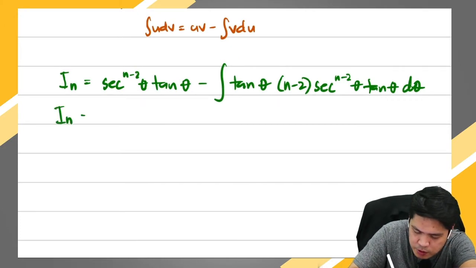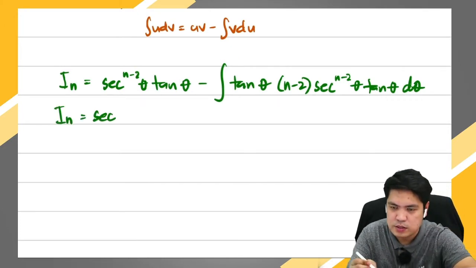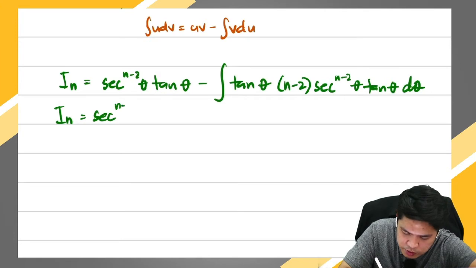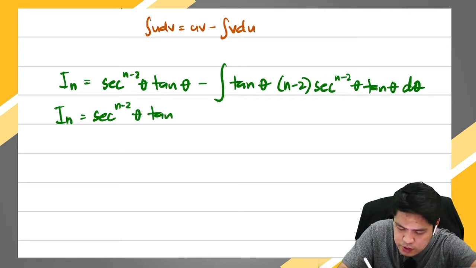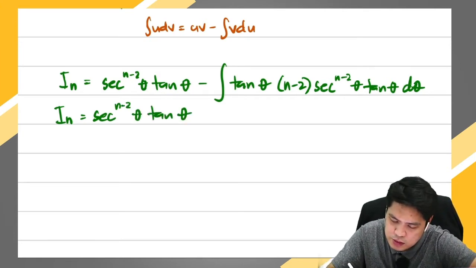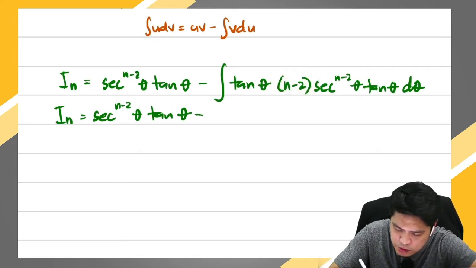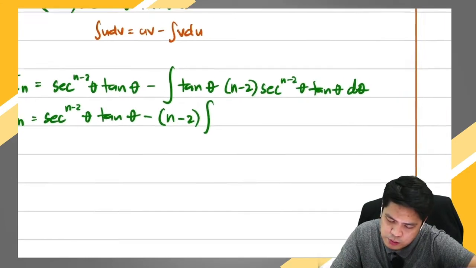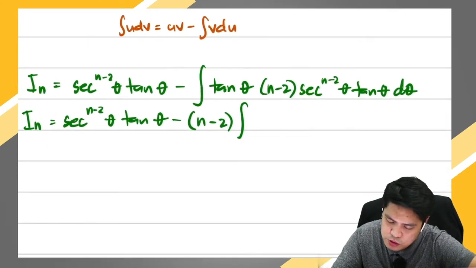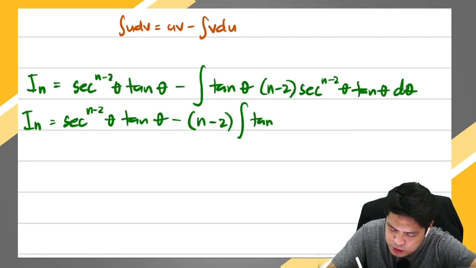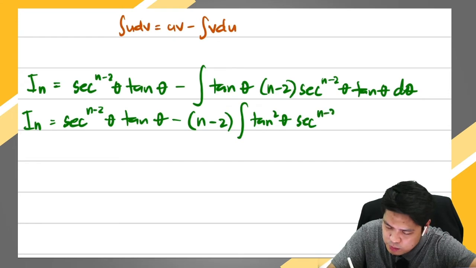Okay, simplify natin. So, I sub n is equal to secant raised to n minus 2 theta tangent theta. Then, this is a constant, so pwede natin ilabas minus n minus 2, times integral of course, tangent squared theta, then secant raised to n minus 2 theta d theta.